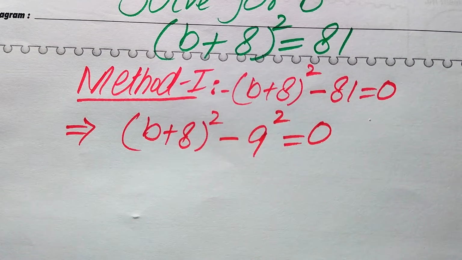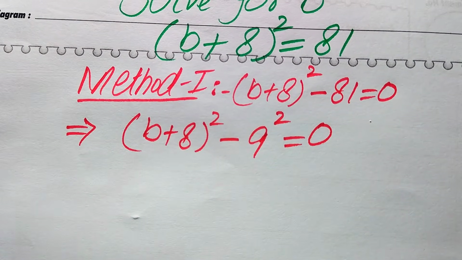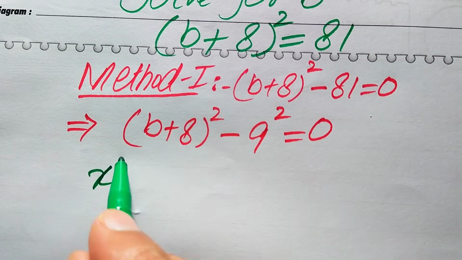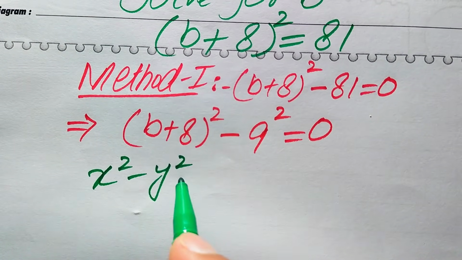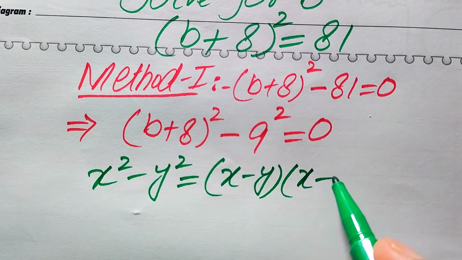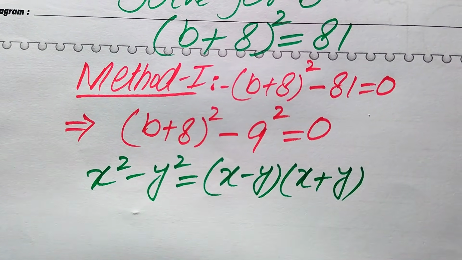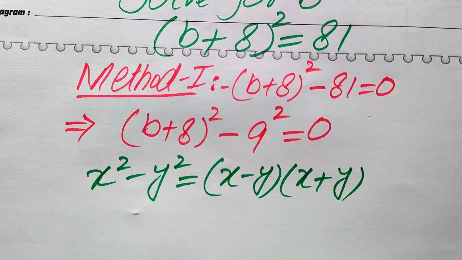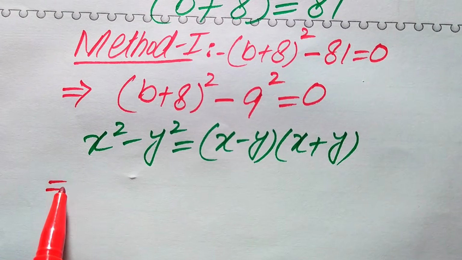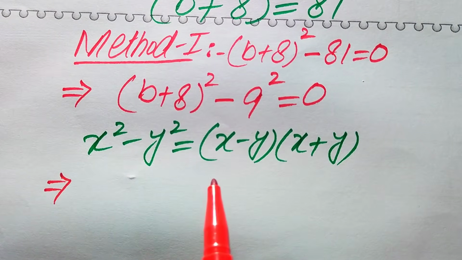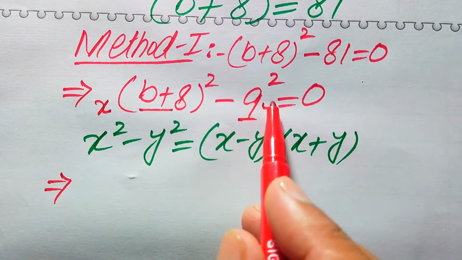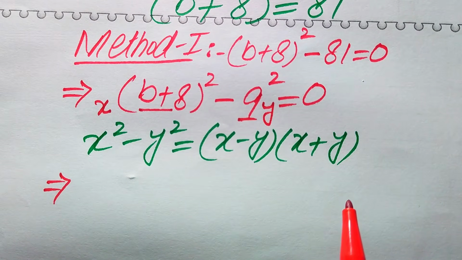And now in the next step we just use the nice algebraic formula to simplify the terms. We know that x² - y² = (x - y)(x + y). According to this formula, the base of the first term is our x and the base of the second term is our y.